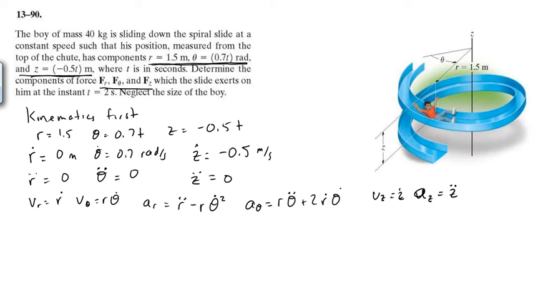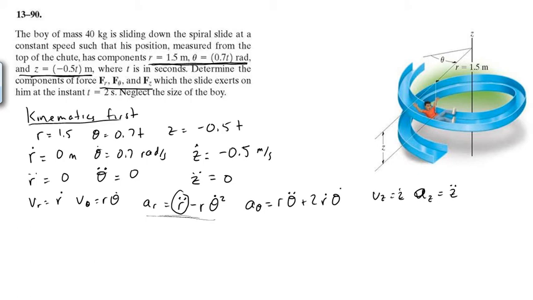Okay, so now we've described the full kinematics, and I want to make sure you understand this acceleration in the radial component, because this is important for this problem. You can see that there's this r double dot component, and that's just any motion the boy might be doing accelerating away, where the boy's r coordinate is changing with time.